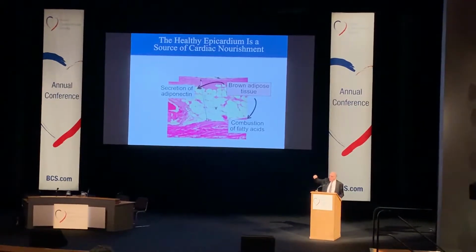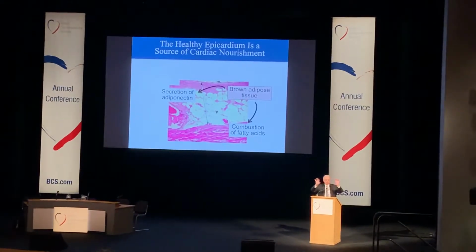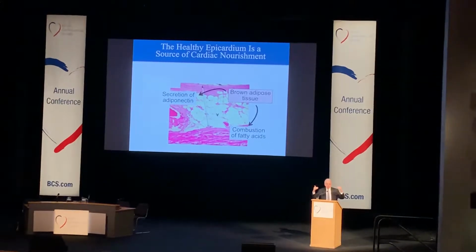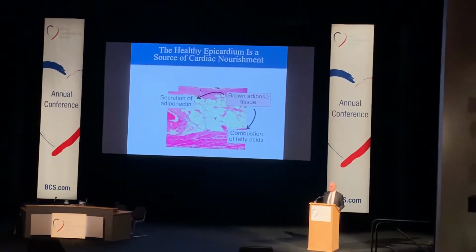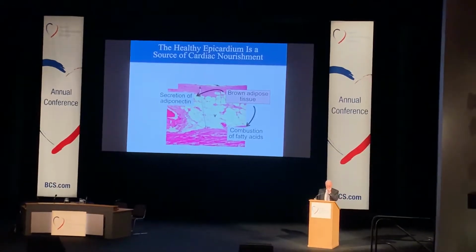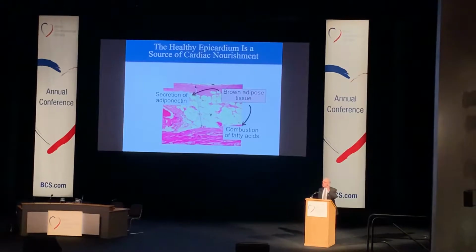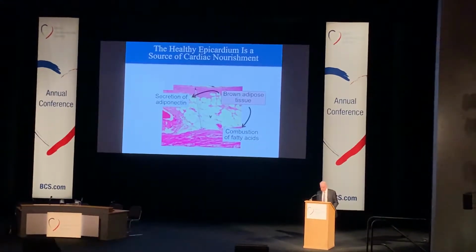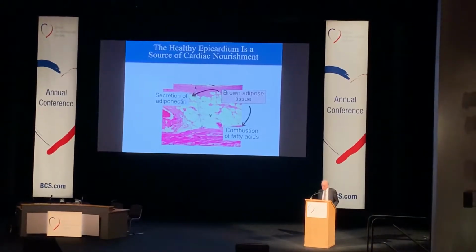They share an unobstructed microcirculation. They're essentially one organ with no physical barrier. And the epicardium is just an epithelial layer with a few adipocytes, brown adipose tissue, and that's what a healthy epicardium looks like.